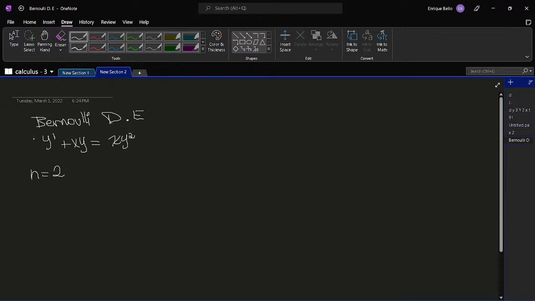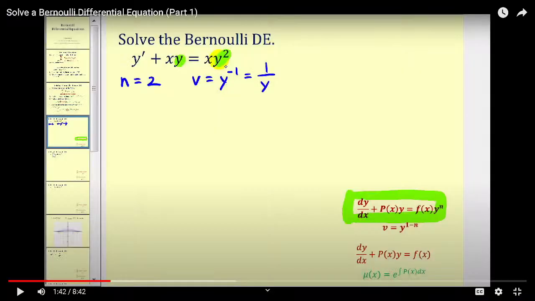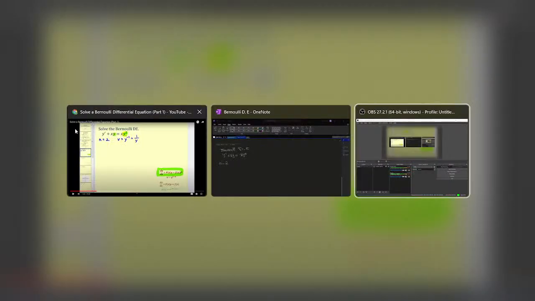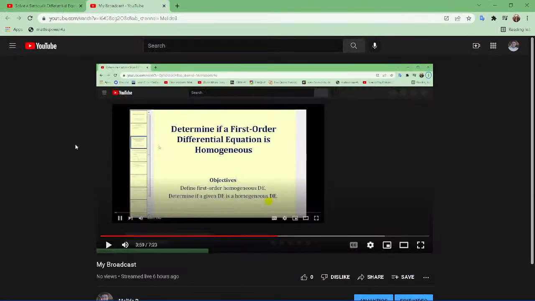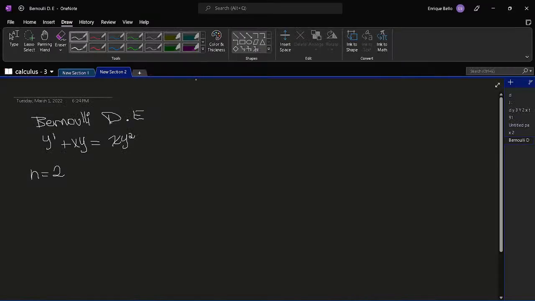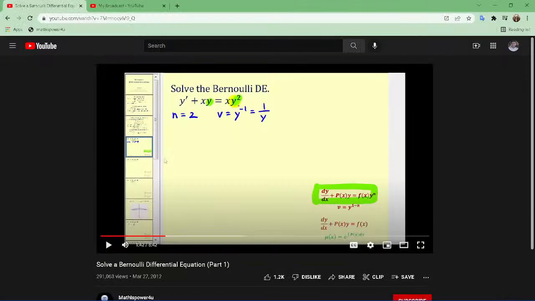So the equation is the same as solving the differential equation through the integrating factor, except that it has a y to the n power. So then the n power is important here.